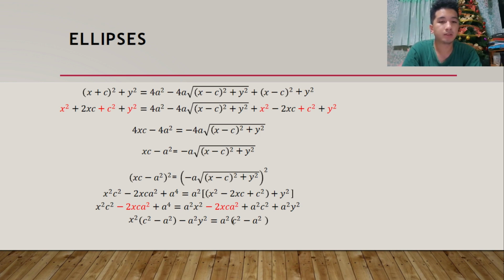Squaring both sides: x squared c squared minus 2xc a squared plus a to the fourth power equals a squared times (x squared minus 2xc plus c squared plus y squared).